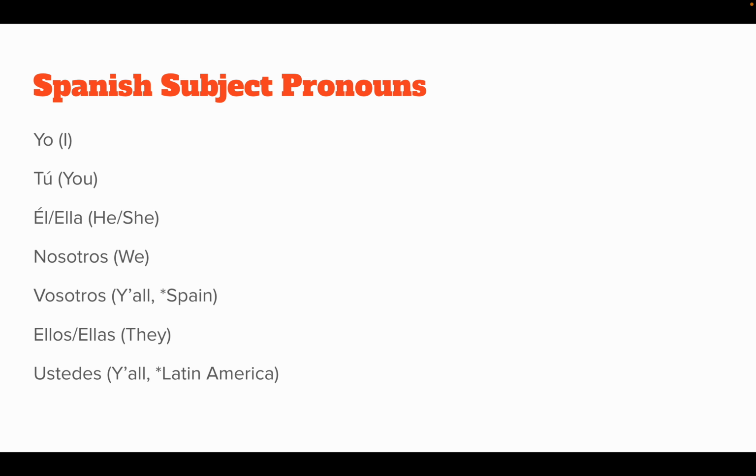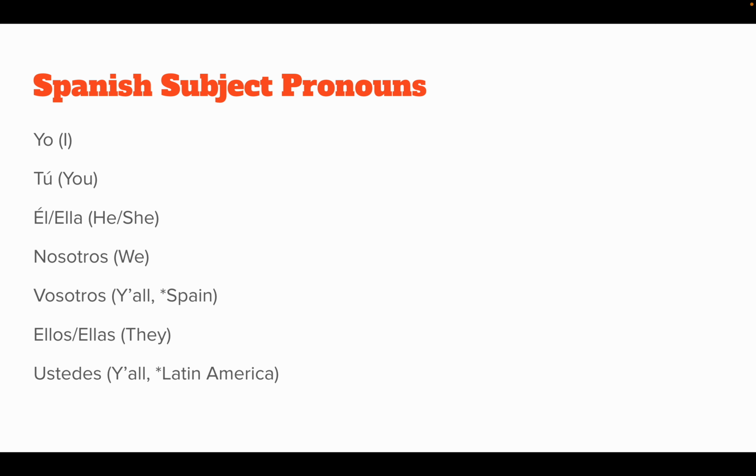Also, vosotros has its own verb conjugation that I will be teaching you throughout this series, but chances are you won't ever need to use it if you only plan on speaking to Spanish speakers here in the Americas. But if you ever go to Spain, at least you'll be able to thank me.